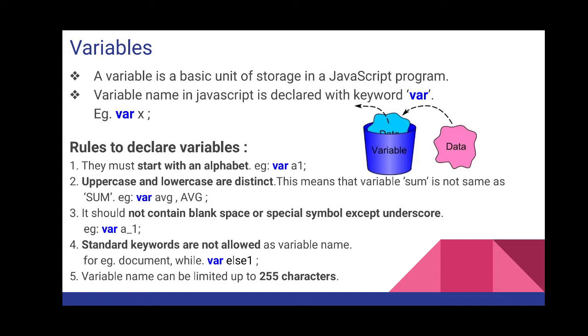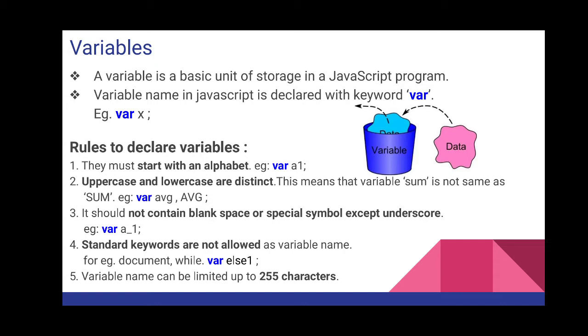Because the data which is stored in that place can change. It may not remain constant. If it is constant, then the data stored will be the same throughout. But since it is a variable, it can change as time progresses. That is why it is called a variable.